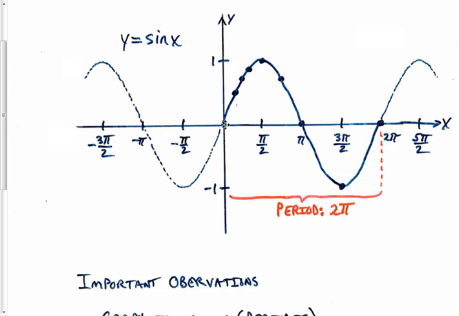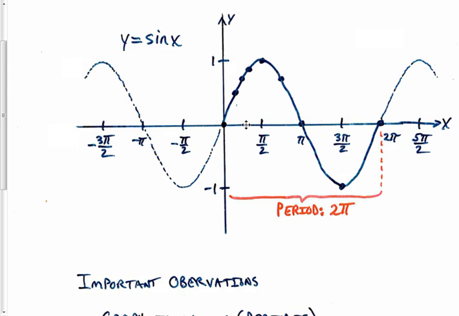Furthermore, I chose x values that I could calculate pretty easily. So I chose an x value of pi/6, about right here. The sine of pi/6 is 1/2, so the y value is 1/2, and it puts me at this point.